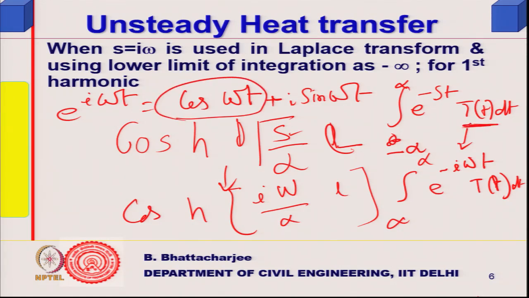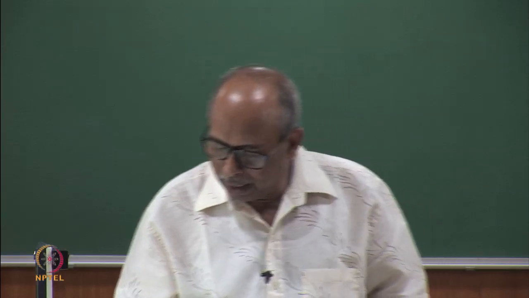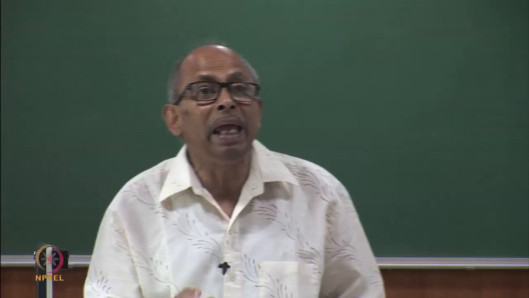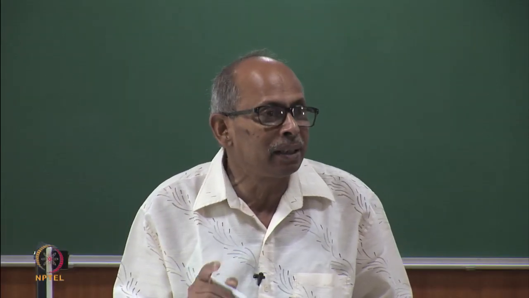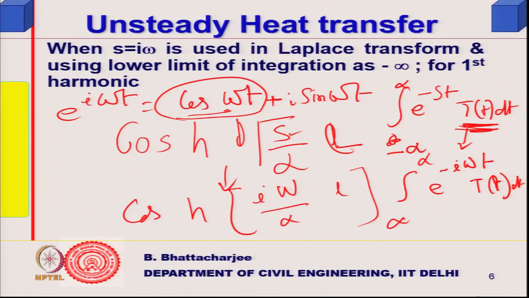Can you recollect? If I multiply this T by cos omega t or sin omega t, I get Fourier's coefficient. How did I obtain the Fourier coefficient? By multiplying this one, recollect the Fourier coefficients a_j, b_j, etc. I multiplied this by cos omega t, I get the coefficient of cos.